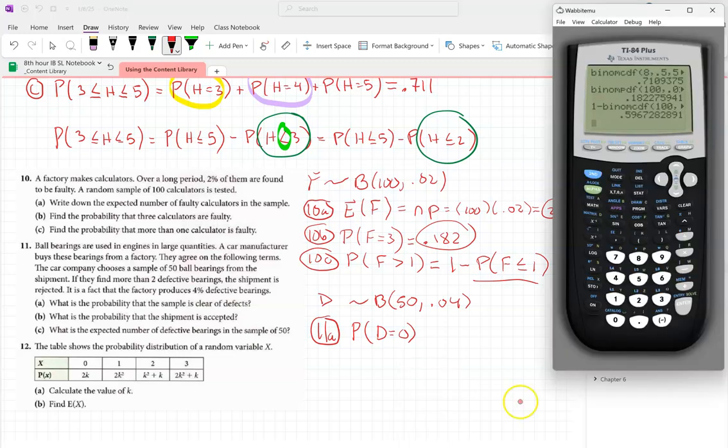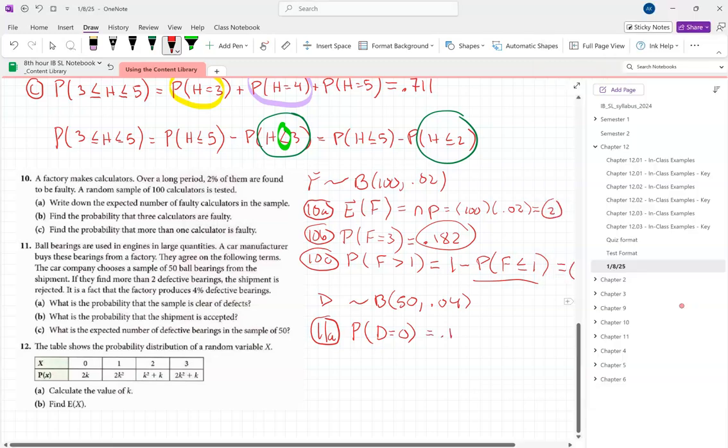So we took 50 of the ball bearings in our shipment, and not a 1 is defective. Since it's an equal sign, that's a PDF. Took 50 ball bearings. The probability of getting a defective one is 4%. We want 0 defects. That's about 0.130.